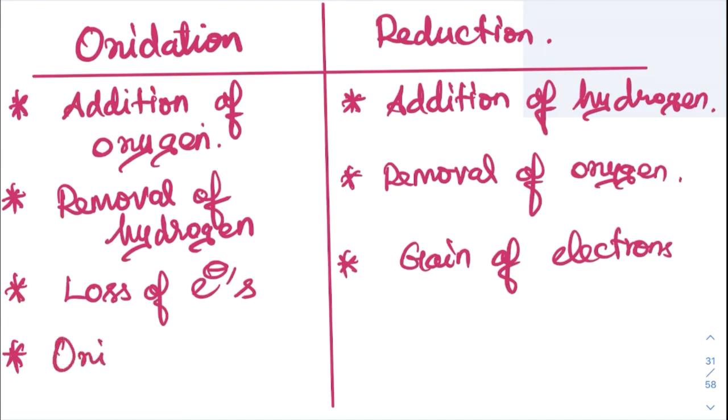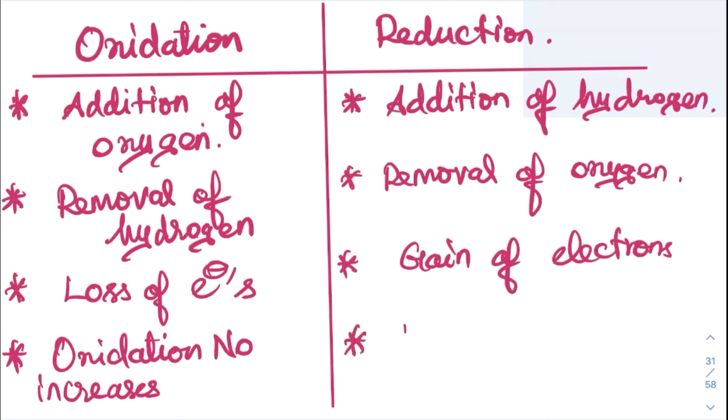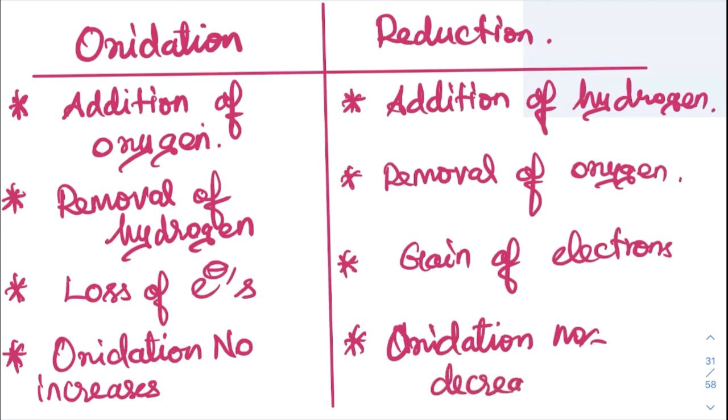Last and final definition. When oxidation number increases, it is called oxidation. When oxidation number decreases, it is called reduction. If we see specific example, it will be very clear for you.